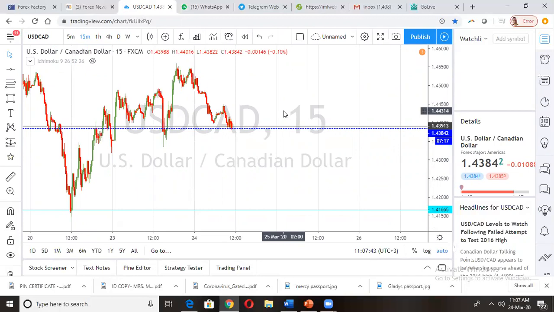USD CAD entry is 1.43832. And on USD CAD, I was seeing 300 pips, 200 pips as well.